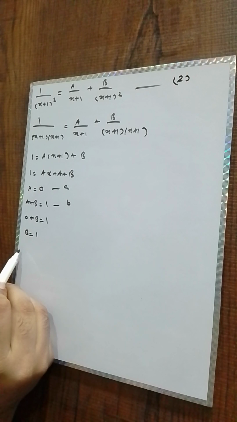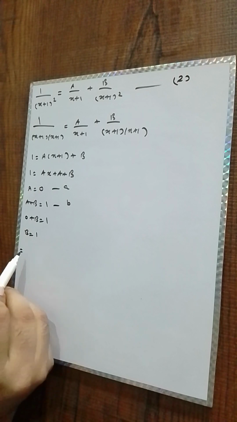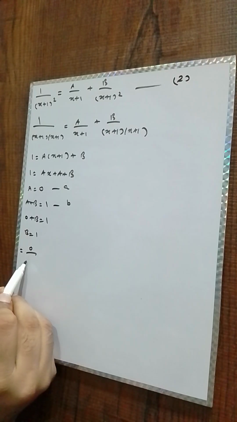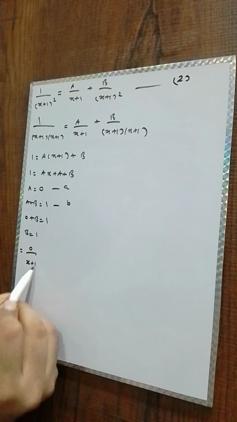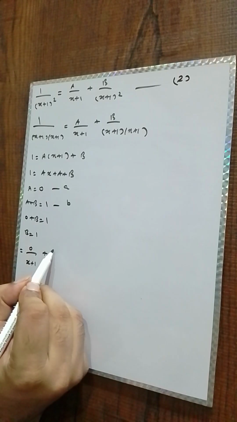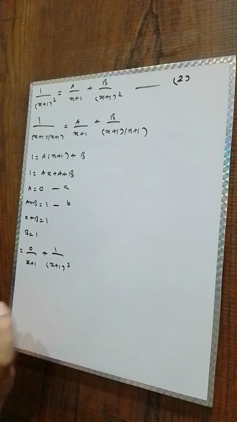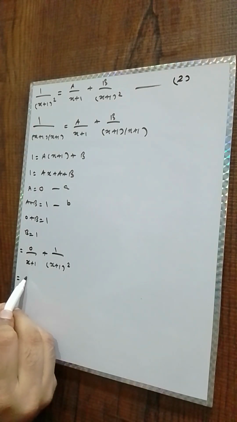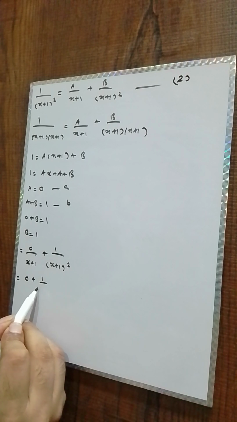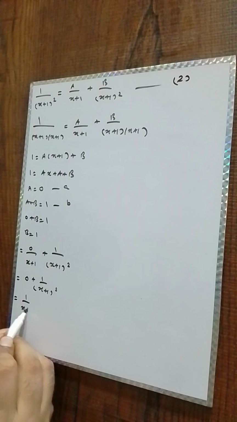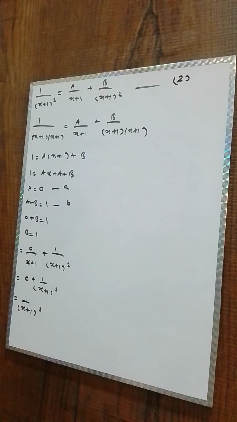We do the back substitution in equation 2 to get the final form, which is equal to 0 by x plus 1 plus 1 by x plus 1 whole square in the main equation here. Okay, so this is equal to 0 plus 1 by x plus 1 whole square, which is equal to 1 by x plus 1 whole square.